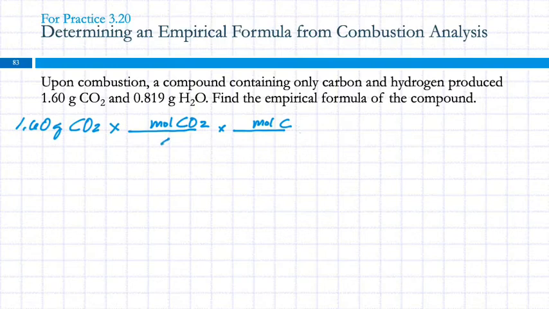So down here, I need grams of CO2, so those cancel out. And I'm going to have moles of CO2 down here, so those cancel out. How many moles of carbon in a mole of CO2? One. 1 mole of carbon per mole of CO2. And then I need the molar mass of CO2. So I've got 1 carbon plus 2 oxygens, so that's 44.01.